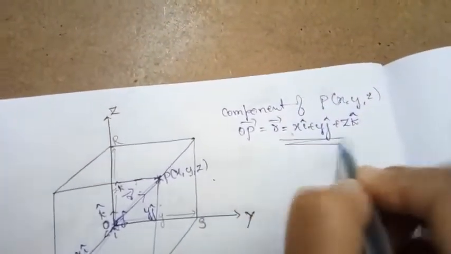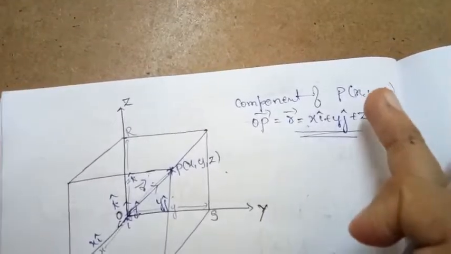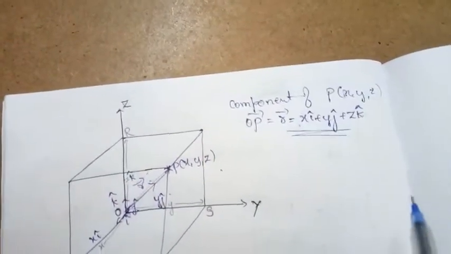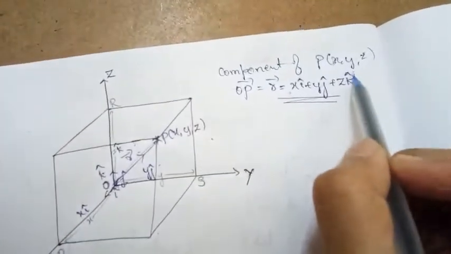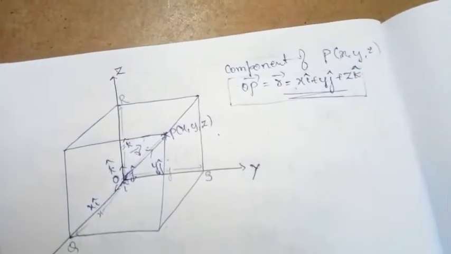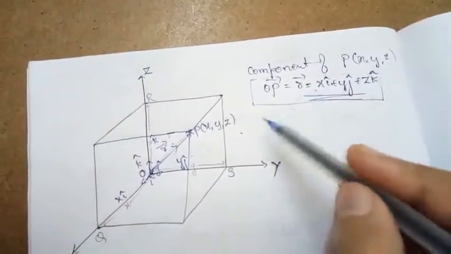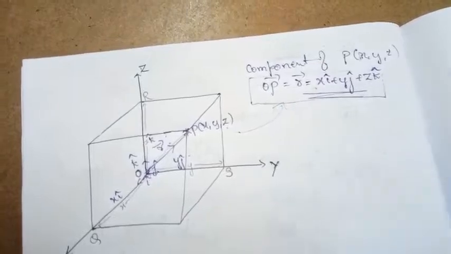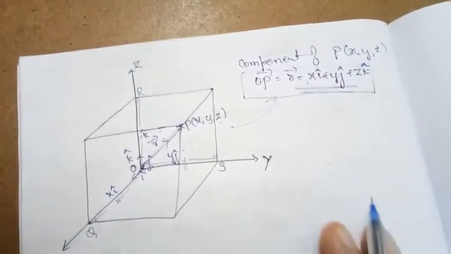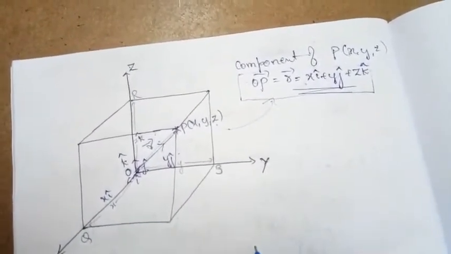It is the component of any point in the vector space. This is how we get the component of a vector, and it is easy to remember how to write it.